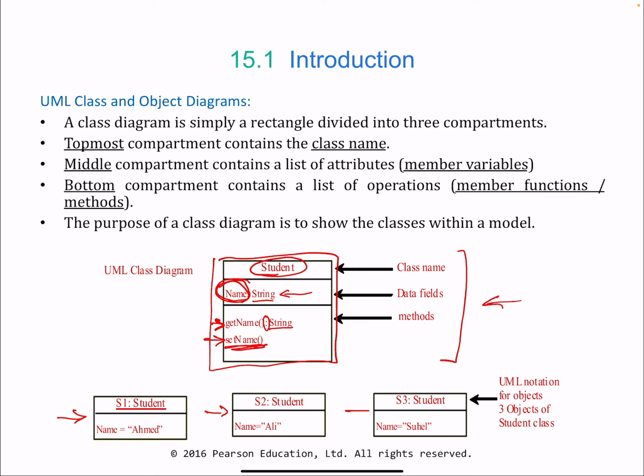So we have 3 instances over here: student object S1, student object S2, student object S3. And the values of their name data members are, for the first one, S1, Ahmed. The second one contains Ali. The third one contains Sohail.